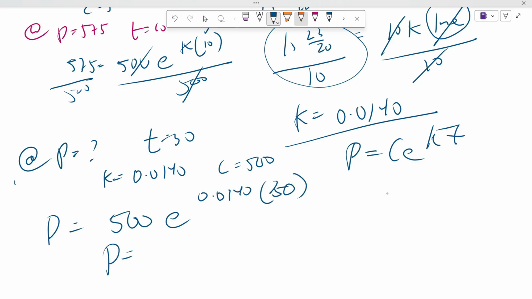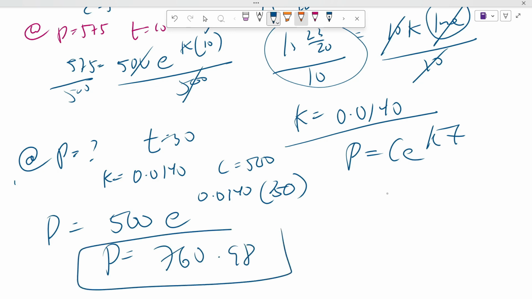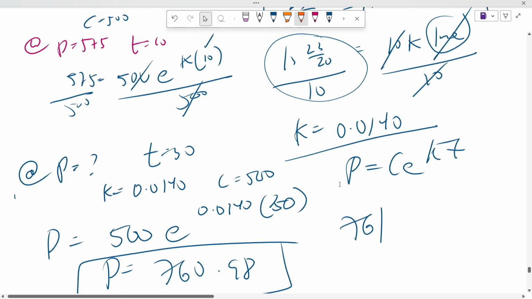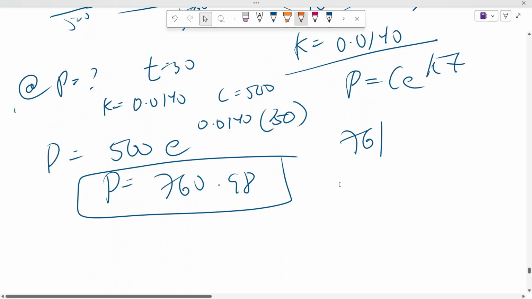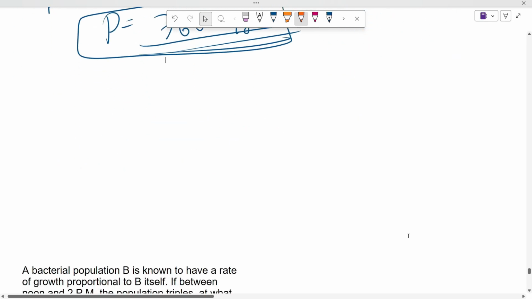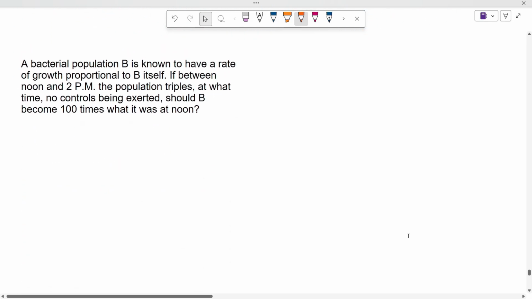So P equals what? The answer here is 760.98, or 761. It depends on your prof. Ask your prof if they accept decimals even for population. But this is the answer, guys, 760.98.